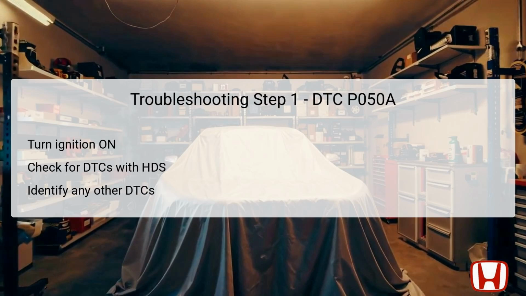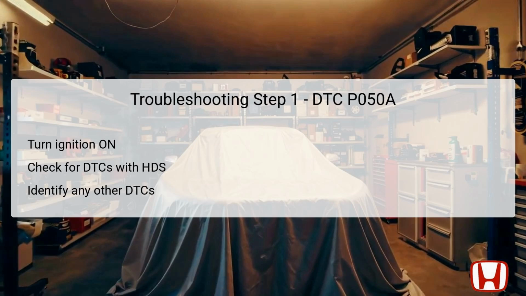The first troubleshooting step involves turning the ignition switch to the on position, which activates the vehicle's onboard systems. Utilizing the Honda Diagnostic System, HDS, check for any pending or confirmed DTCs, including the P050A.